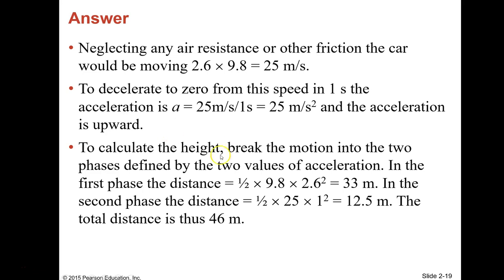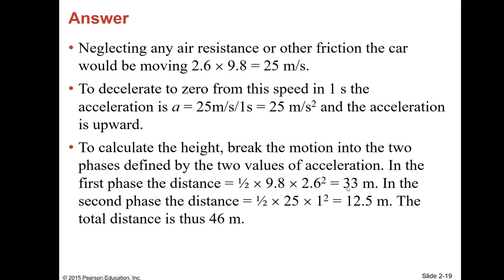Okay, now to find the height, we break the motion into two different parts. The first phase is just the drop. Since we're looking for our final distance, and our initial distance is 0, the final distance is 1/2 times acceleration due to gravity times time squared. We know our time is 2.6 seconds, so that gives 33 meters.